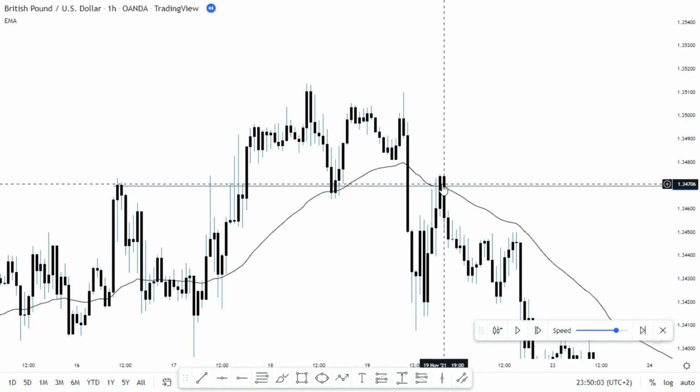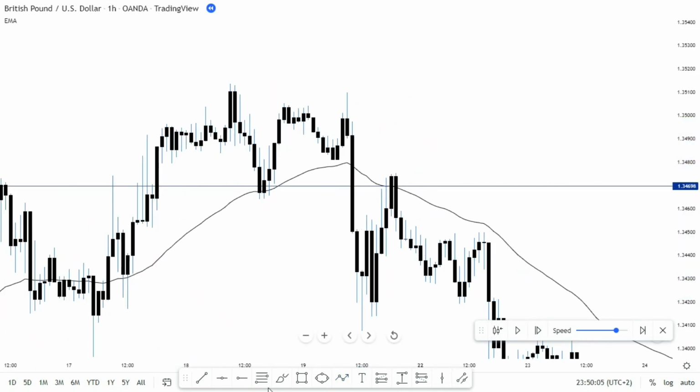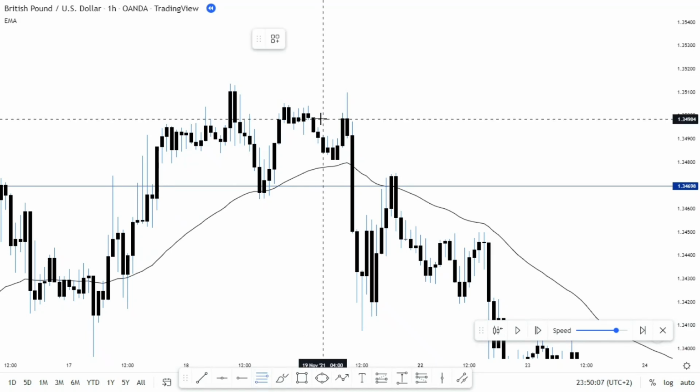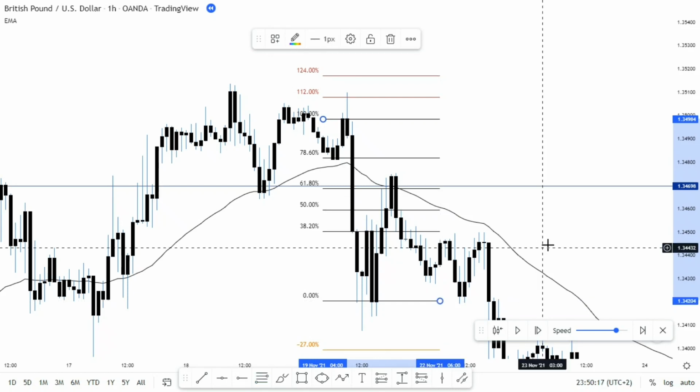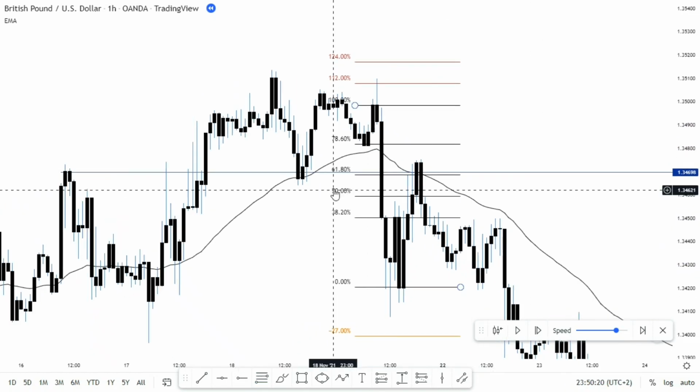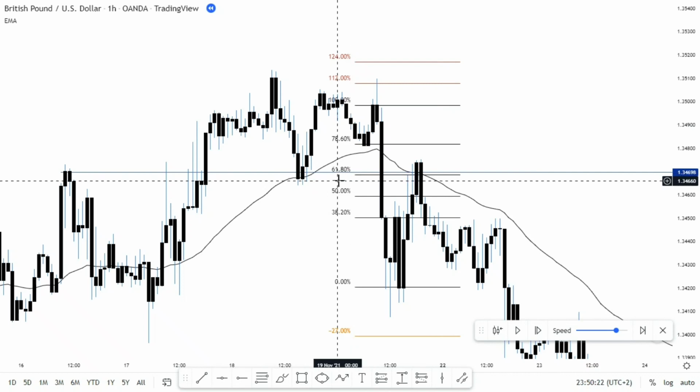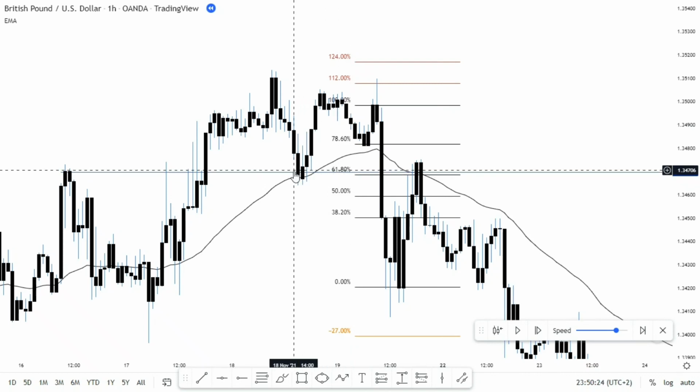Price retests our 50 EMA perfectly, reacting at that. And if I had to put a Fibonacci, don't ask me, I might make a video in the future, but the Fibonacci is a whole new thing that you can also use as confluence. But if I put my Fibonacci on, we see that number one, we are retesting previous price.